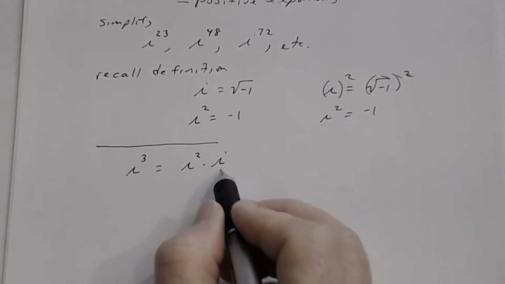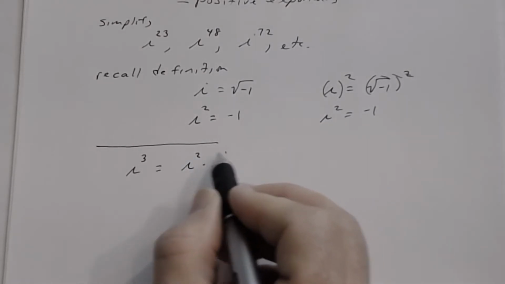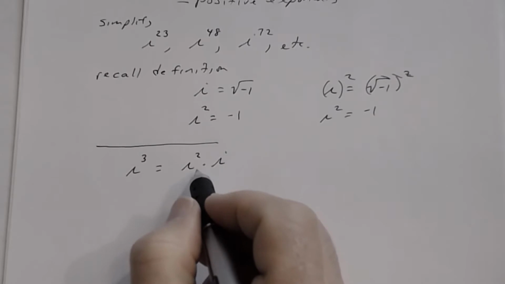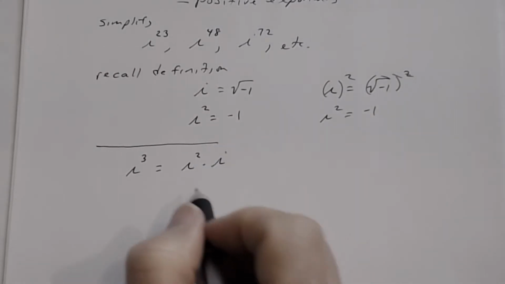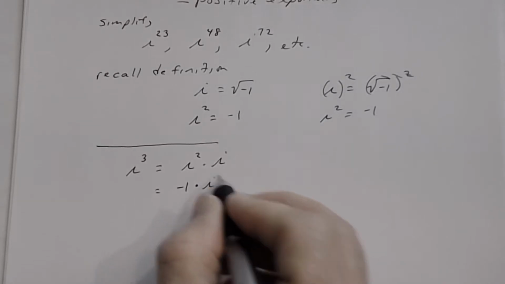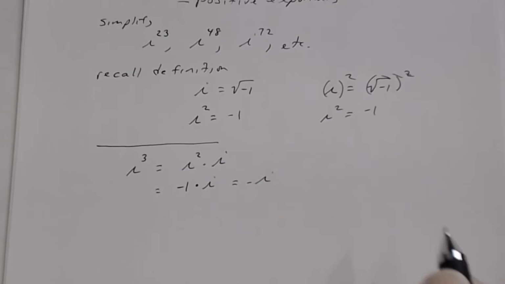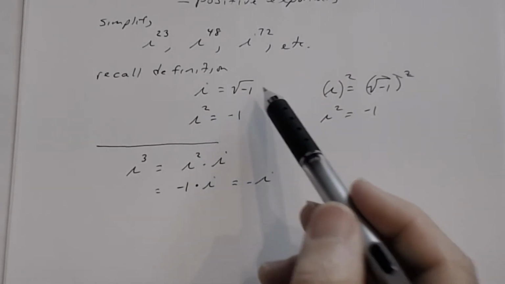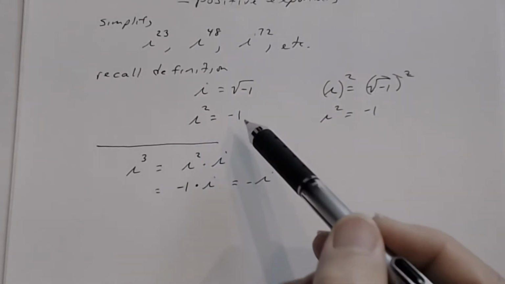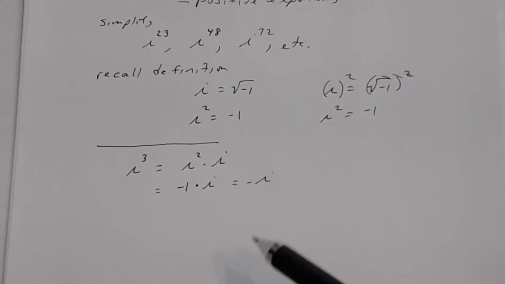Remember, when you multiply like bases, you add exponents, so 2 plus 1 is 3. We now know that i squared is equal to negative 1, so this becomes negative 1 times i, and negative 1 times i is negative i. So i equals the square root of negative 1, i squared equals negative 1, i cubed equals negative i.